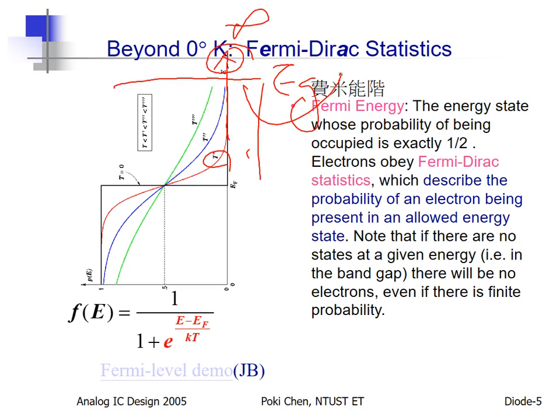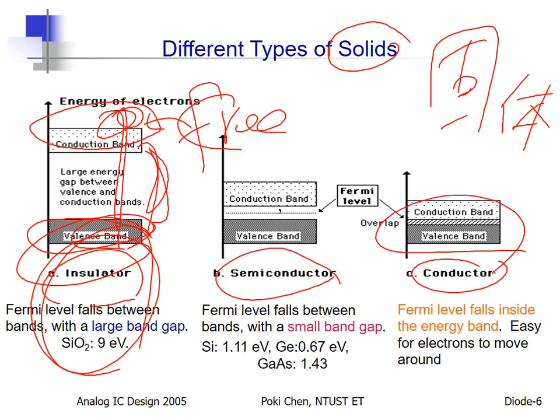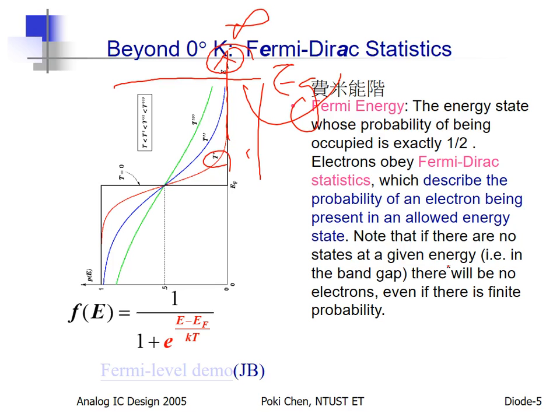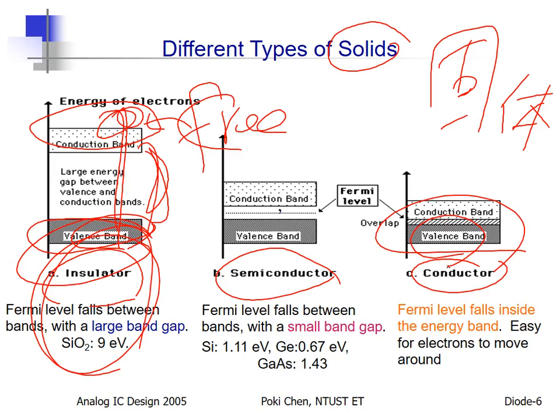And what is conductor? On the contrary, the conduction band and the valence band are fully overlapped. So it means what? By nature, all the valence electrons will be free. Congratulations. That's it. Especially for metals, most of them, all of them, I guess, by definition, they are conductors.